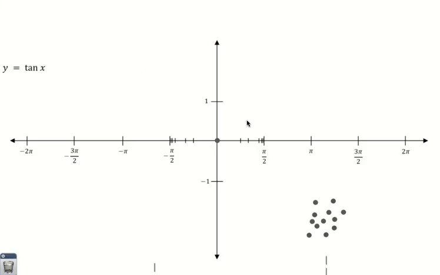So what does that mean for the graph? Where would you put the point over here at pi over 2? You'd have pi over 2 comma does not exist, right? So where would we put that point? Here's the answer.